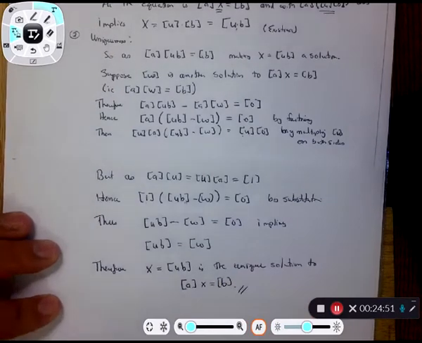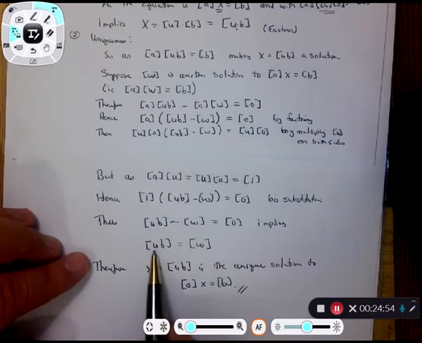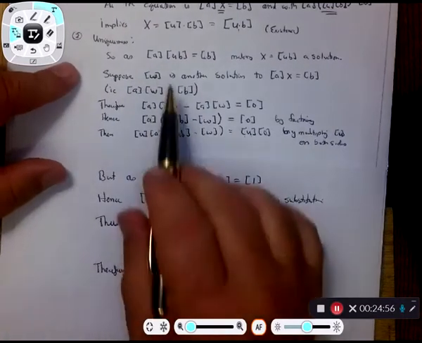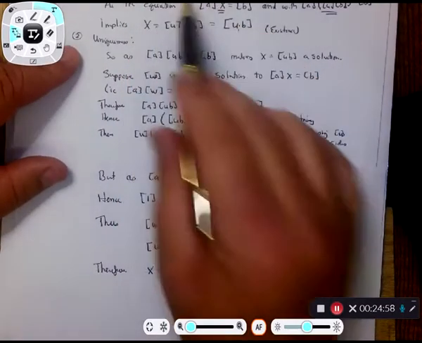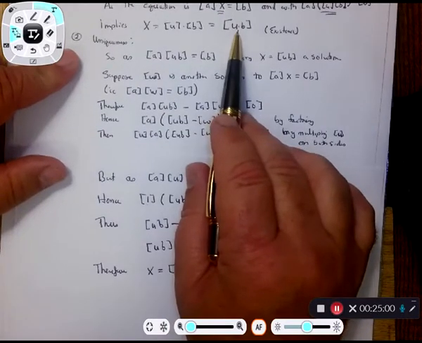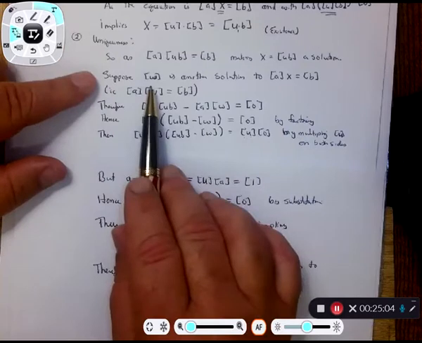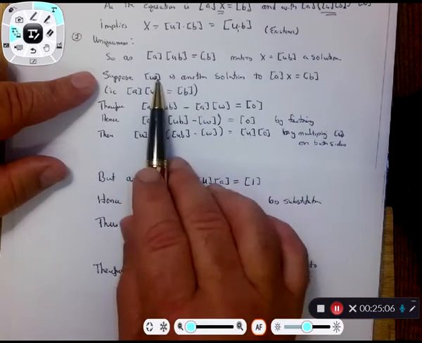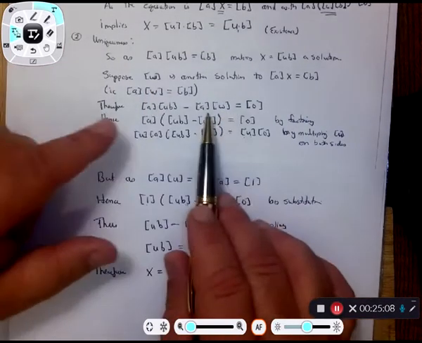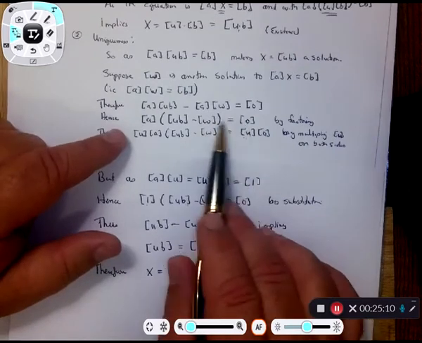And we're done. Again, just to emphasize this, from the original existence, I have a solution, which was UB. And then to show uniqueness, I suppose I have another solution. I call him W. And then I plug both of these two guys into the equation and subtract them.